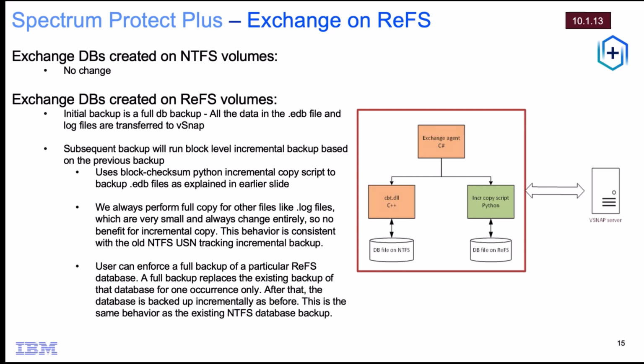But beginning in version 10.1.13, if an Exchange database is created on a resilient file system volume, the initial backup will be a full database backup, of course, and subsequent backups will run block level incremental backups based on the previous backup.